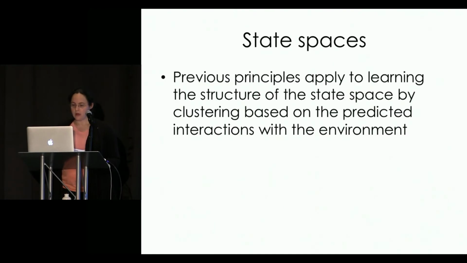Okay, so what I think this shows is that some of the previous principles that Sam was talking about in the first half were applied to learning the structure of the state space, generating latent causes that we can use as a state representation, essentially trying to cluster our experiences based on the similarity of our interaction with the environment rather than the similarity of their perception.